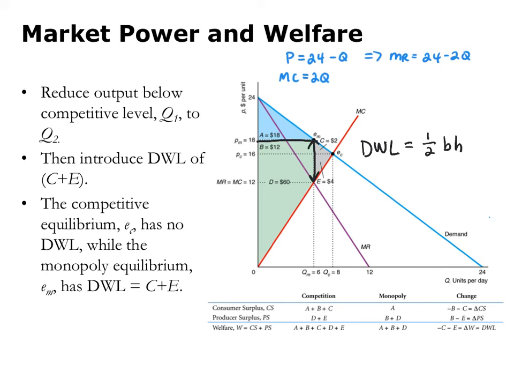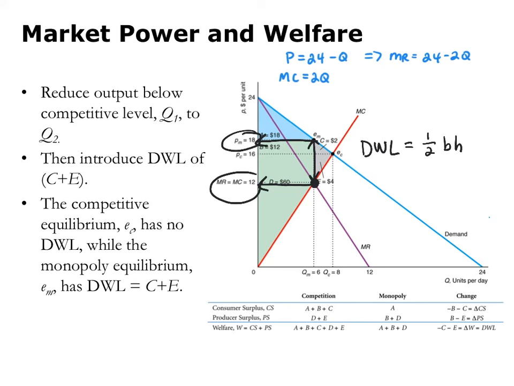This value right here is the monopoly's price. Again, to find that, you set marginal revenue equal to marginal cost to get the monopoly's quantity, and then you plug that quantity back into demand to get the price. You also need for the height this value. This is the value of marginal revenue and the value of marginal cost at the monopoly's quantity.